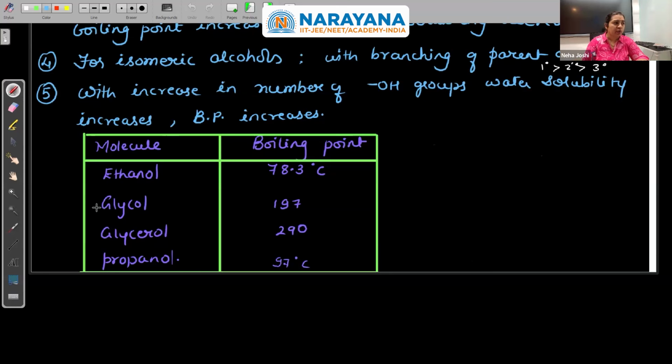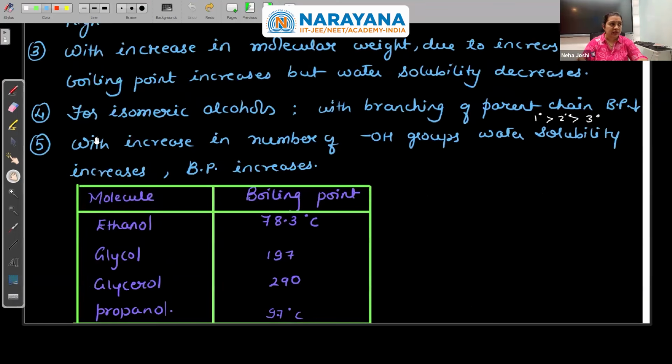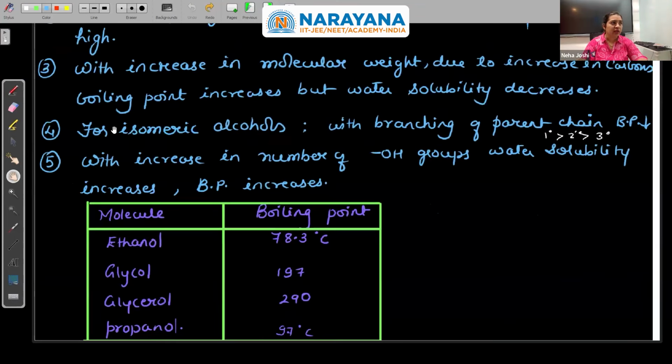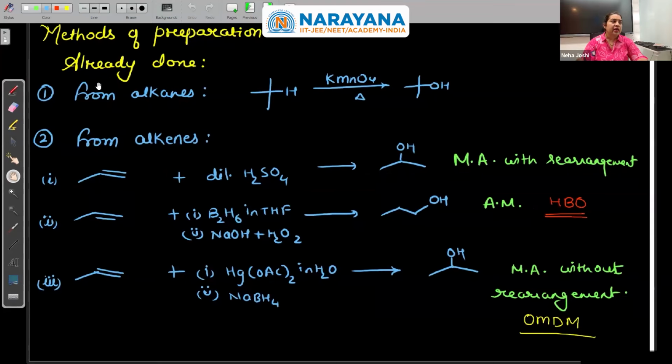From ethanol to propanol, if I compare these, see 78.3 and 97 degree only, though there is increase, but the increase is not as prominent as the increase with increase in number of OH groups. Is this observation absolutely okay? I think all of you have taken care of it.